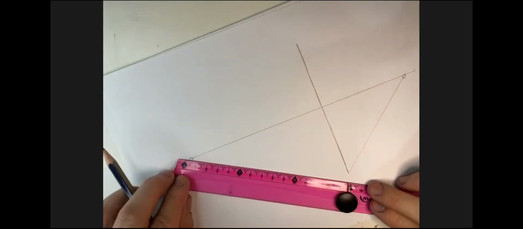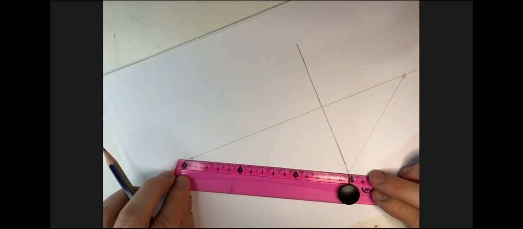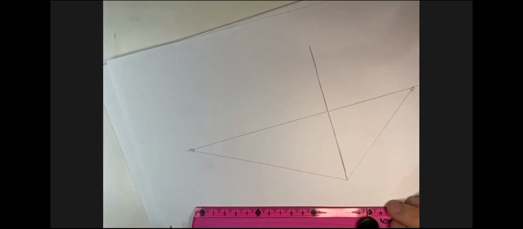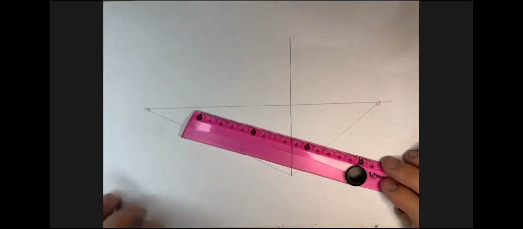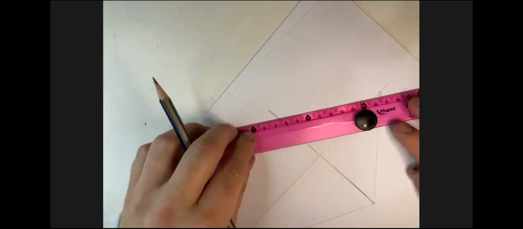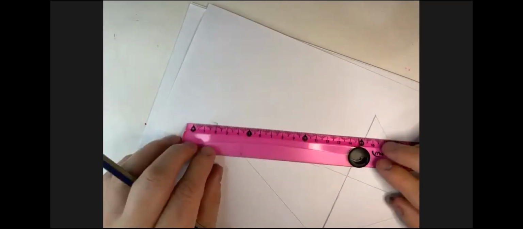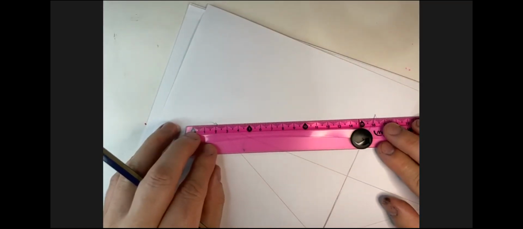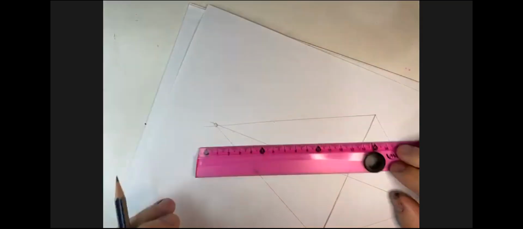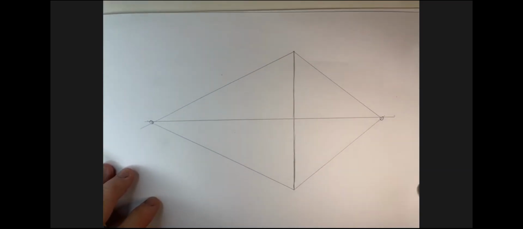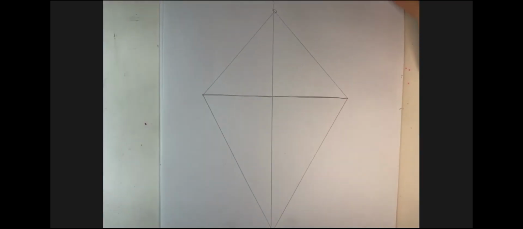So I'm doing 2 perspective lines from the bottom point of that line, and then 2 from the top. Oops, that was a bit off. So you should have a nice big kite or diamond shape like that.